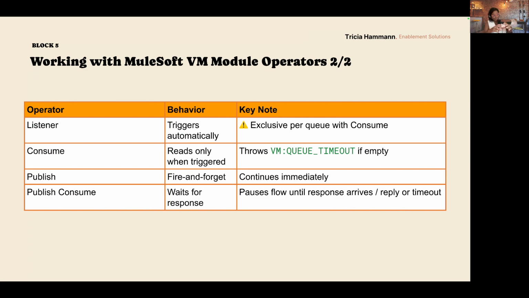In order to trigger the execution of a flow where your source is a VM listener, you need to have another flow where the queue information has been published. Okay, so a VM listener is always actively watching a queue. And the moment a message arrives, it grabs it automatically, okay? And no one has to ask it to do this, okay? This is the way how it works.